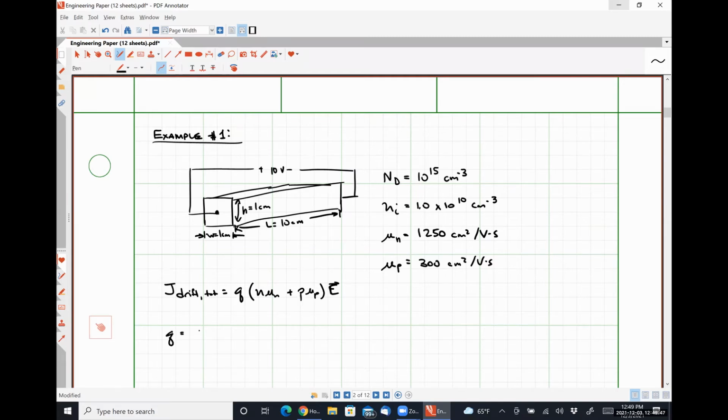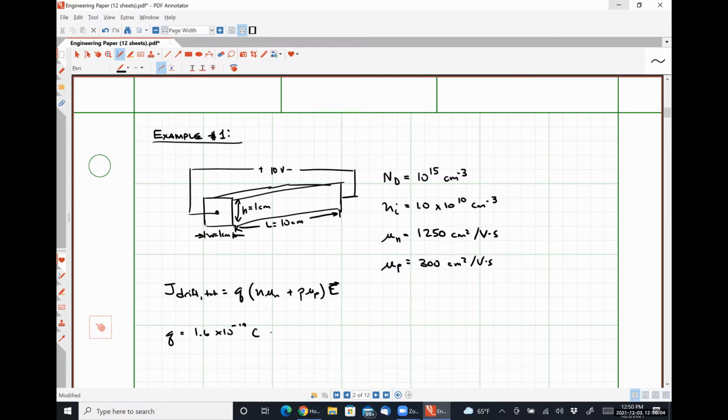Q is a constant, 1.6 times 10 to the negative 19 coulombs, so that's taken care of. Mu n and mu p were given to us, so we don't need to do any work for those.